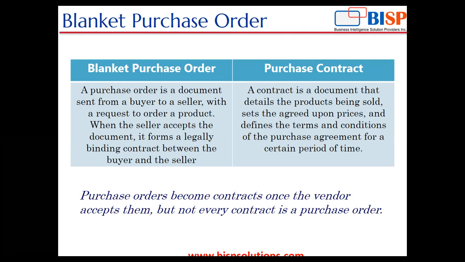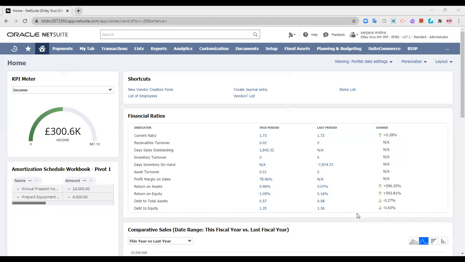So let's move on to the NetSuite application and see how we set it up. Once you have entered the blanket purchase order into the NetSuite application, you can use the same blanket purchase order to create or release any new orders for the agreed upon items.